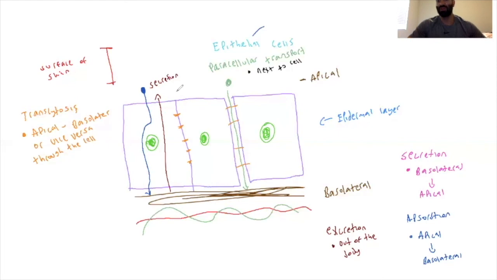When we talk about apical to basolateral, we talk about absorption. We also have something called paracellular transport, which is going next to the cells. We'll talk about some examples of this as we go through the semester.